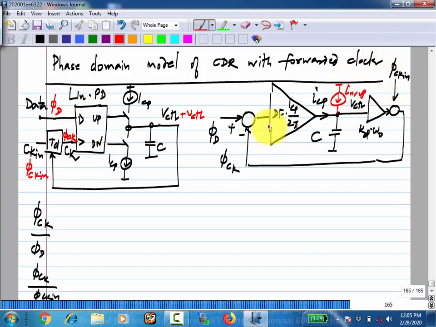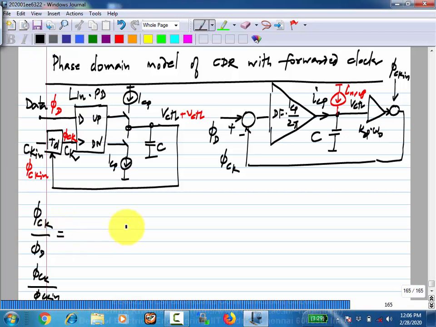This corresponds to the random noise of the charge pump as well as the pulsed nature of the charge pump output, right? The charge pump output is not equal to the average measure of phase detection. In addition to that, it has some square wave. It also appears here. It's not a big deal, but if you want to calculate the effect of the square wave, you can do this. In a phase lock loop, when you have a low frequency input, it's a bigger deal, as we will see later.